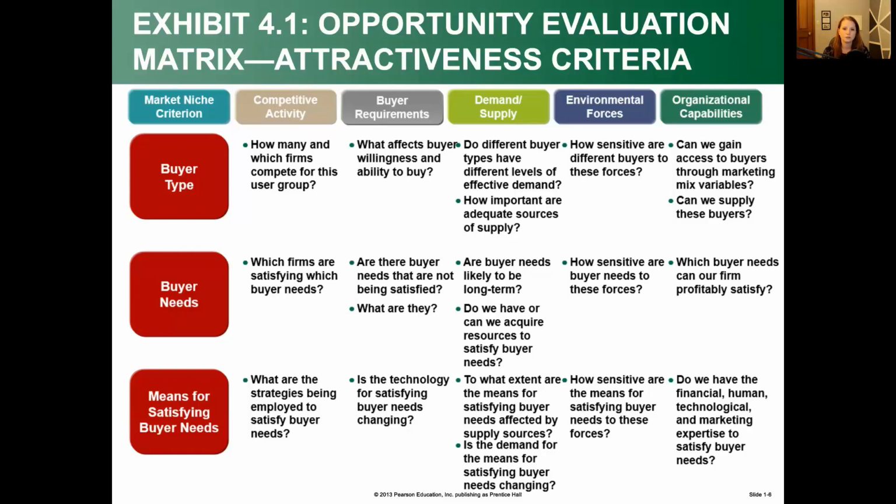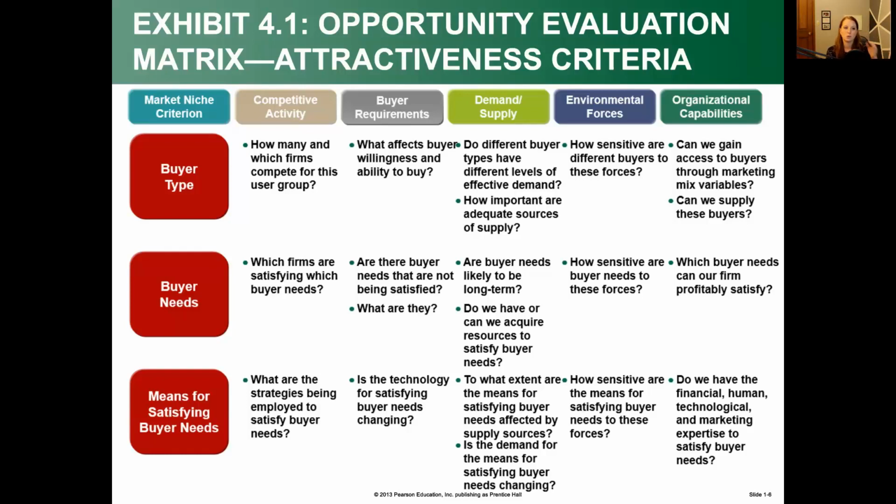Okay, so lots of different questions, but these are, again, just a really ugly view of how we could create this sort of matrix and look at these different factors for evaluating opportunities in the marketplace. So these are all qualitative.